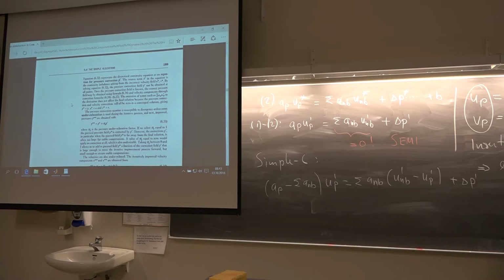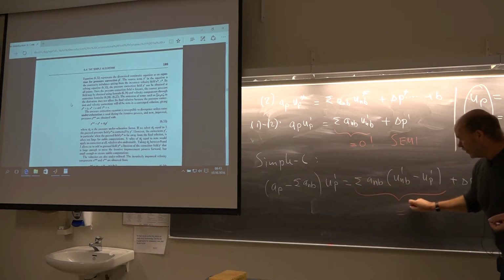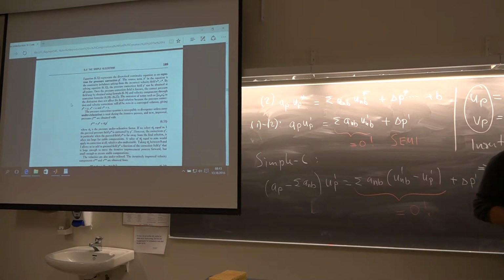And then you do the same dirty trick, because from this equation here we need something that we can insert into the continuity equation, and in there we substitute the velocities with the pressure. So here I say now this one is 0. Yes, it's wrong.